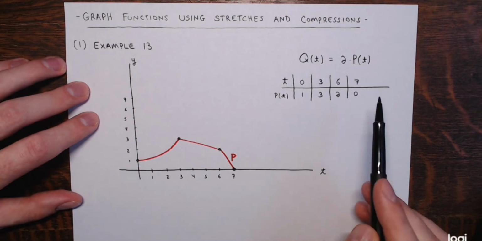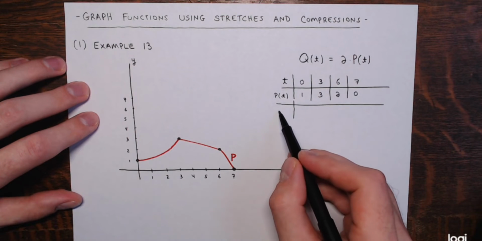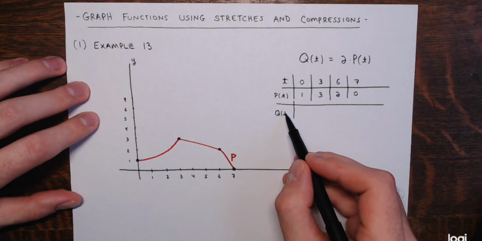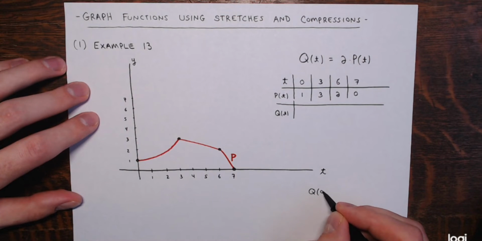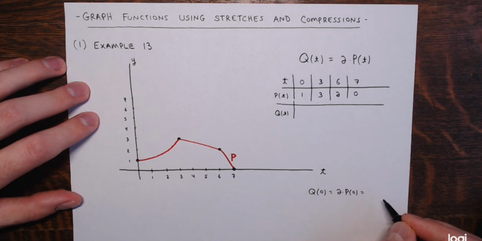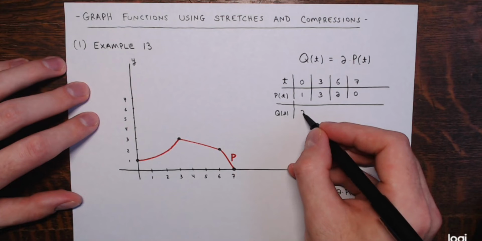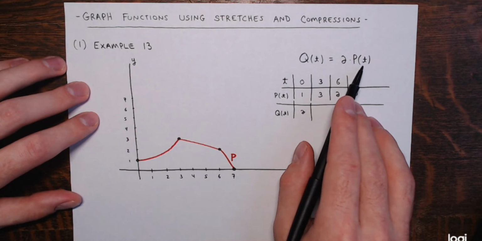I'm going to add to this table, and we're going to make a list of outputs for Q of t. Now Q of 0 should just be 2 times P of 0. So that'd be 2 times 1, or 2. Really all I'm doing, according to this rule, is just doubling the outputs from P of t.